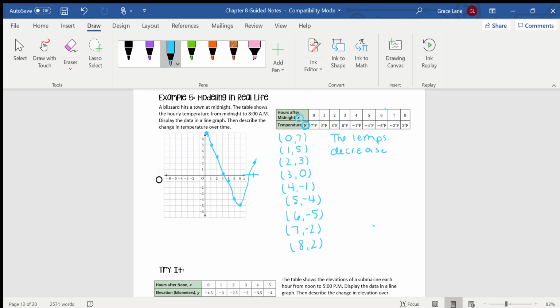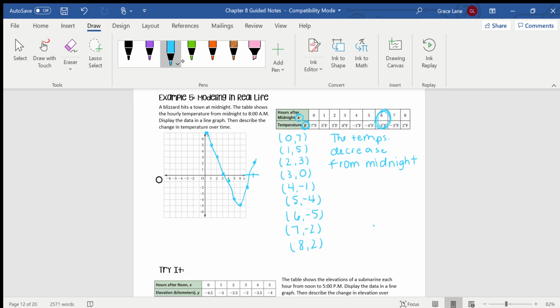They decrease until here. So that means 6 hours after midnight, which is 6 o'clock then. Oh, I skipped a number. That's why my graph doesn't make sense. So I forgot 7 and -2.